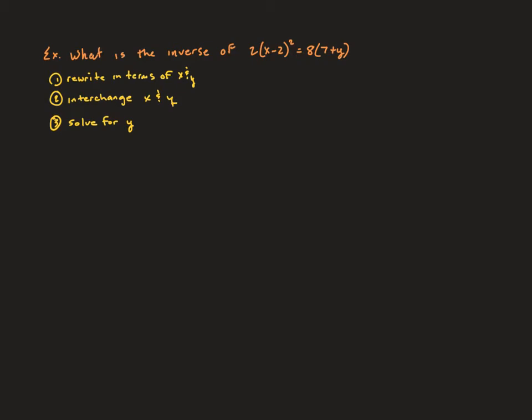So in doing so, I think what I will do is go ahead and do some distribution over here. So I'm going to have 2 times x minus 2 squared is going to be equal to 56 plus 8y. Okay, I just did the distributive property right there.